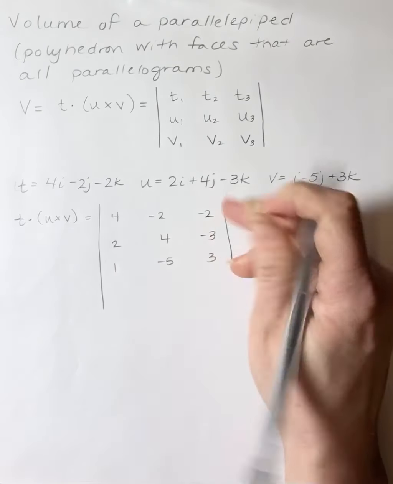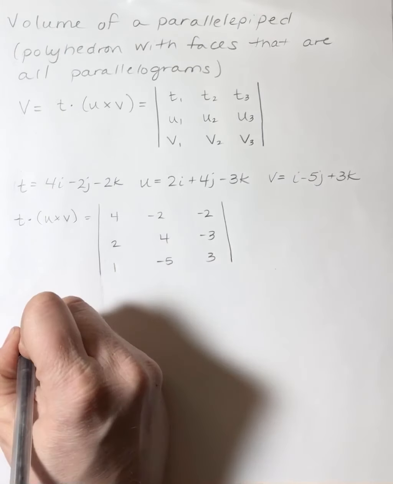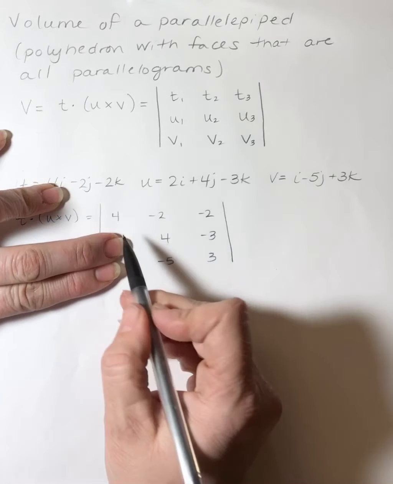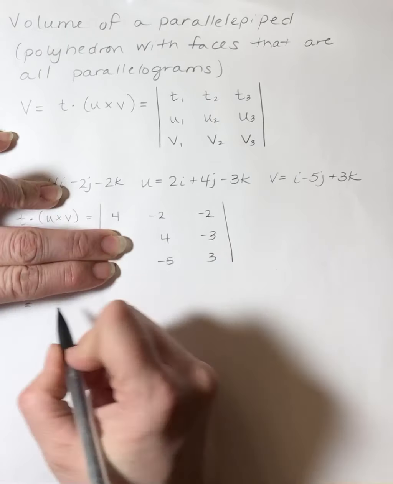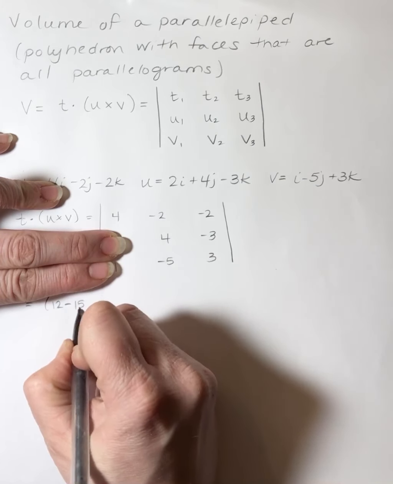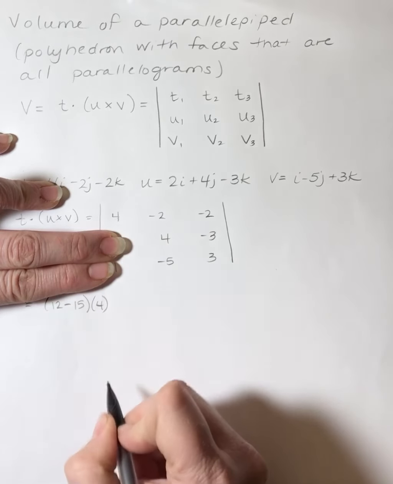And I guess I didn't need to make it that long. So I'm going to leave myself some space. This one is going to be, now this is not an i, this is a 4. So I'm going to have 12 minus 15 times, instead of an i, it's going to be times 4.